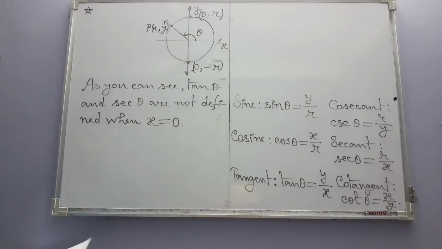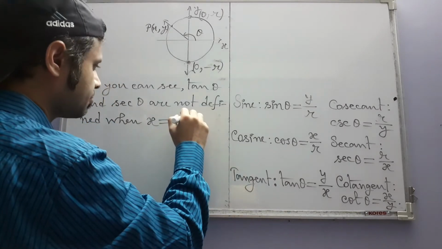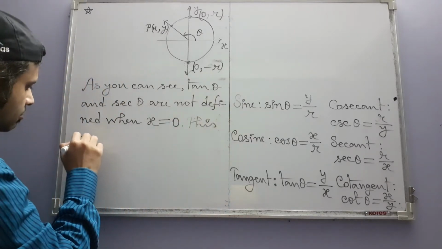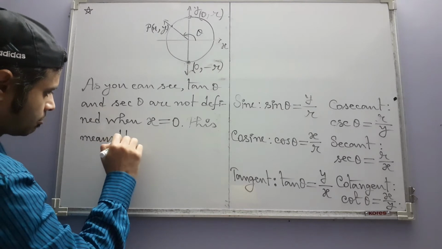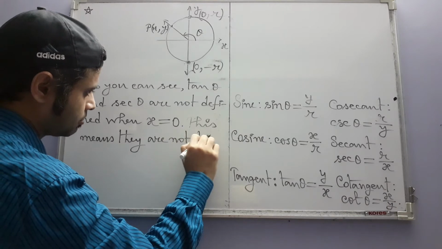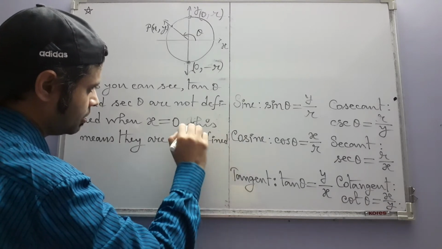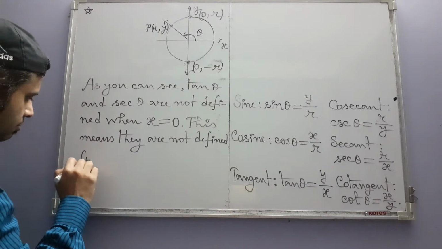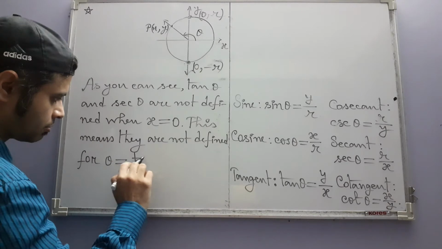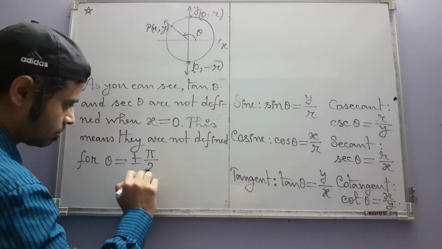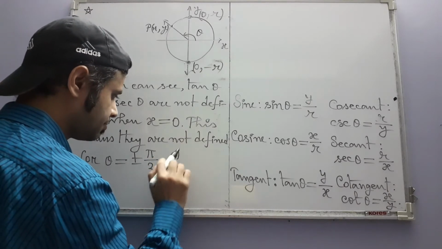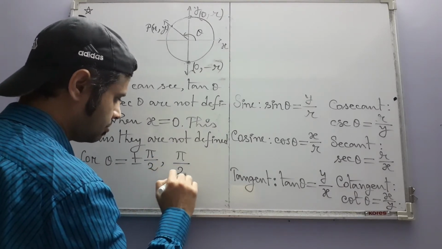So that's why this means they are not defined for these odd multiples of pi divided by 2.